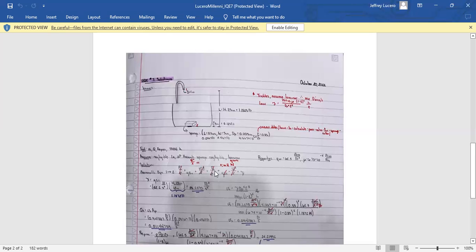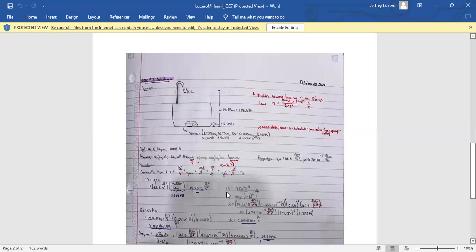Then we can neglect P2 over density because of the change, the pressure drops. We can neglect Z2 because it's zeroed with no height the way I drew it. We can ignore kinetic energy, so we can ignore V2 squared over 2, plus the friction. The friction then equals gravity times the height of 1, which will get you 38.2375 feet squared per second squared.